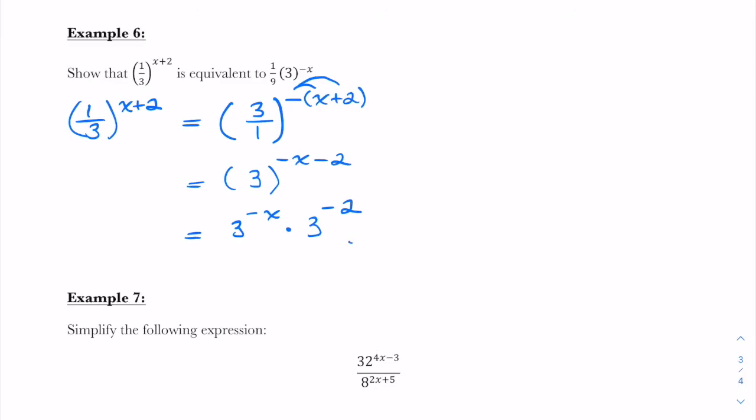Well, the good news is 3 to the exponent of negative 2 can be written as the reciprocal of a positive power, like so. By taking the reciprocal of the base, the exponent becomes positive. This works out to 3 to the negative x multiplied by 1/9.